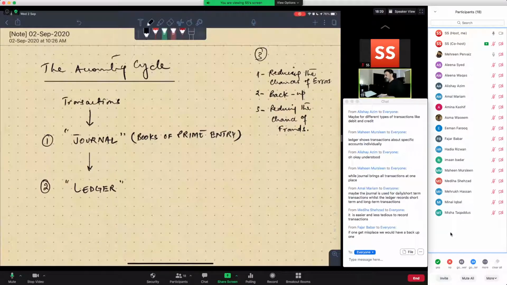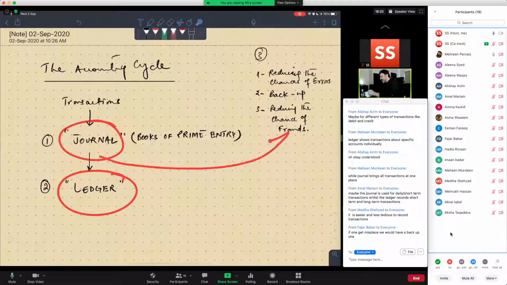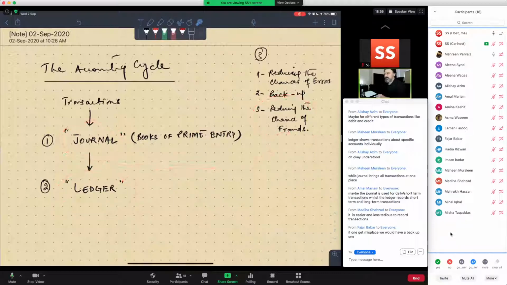So reducing the chances of frauds, right? In smaller organization, there is only one bookkeeper. The same bookkeeper records the transactions in the journal and the ledger. Over there, probably this factor is not relevant because if it's the same bookkeeper, bookkeeper is the person who maintains the books. So if the same bookkeeper is recording transactions in both the books, then probably, and if that person has a malintent, then you cannot stop fraud.